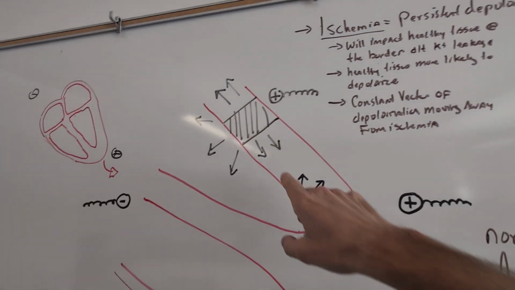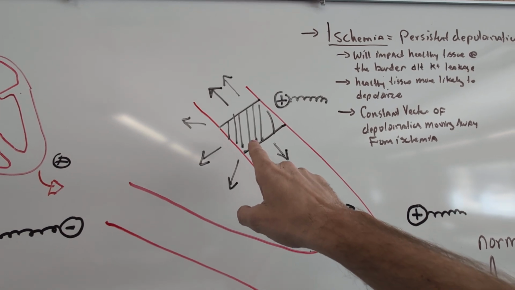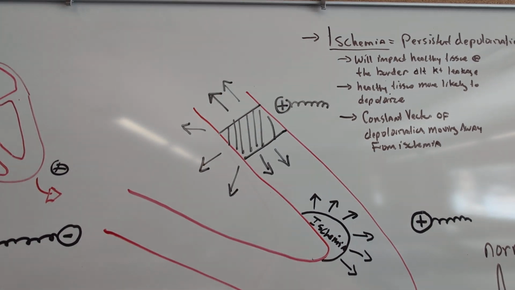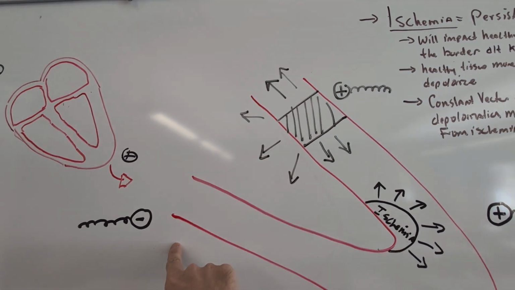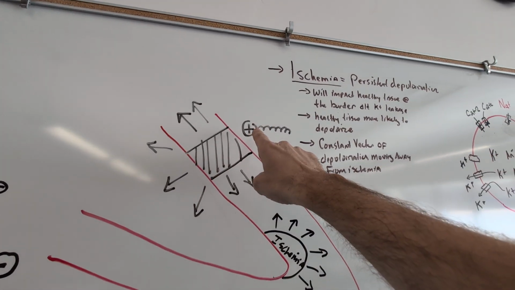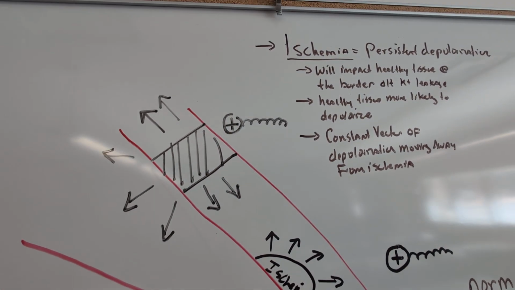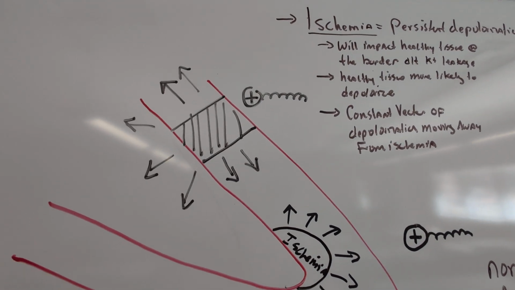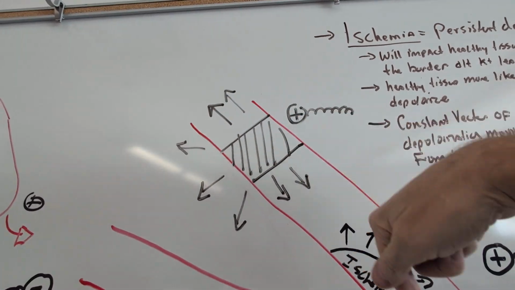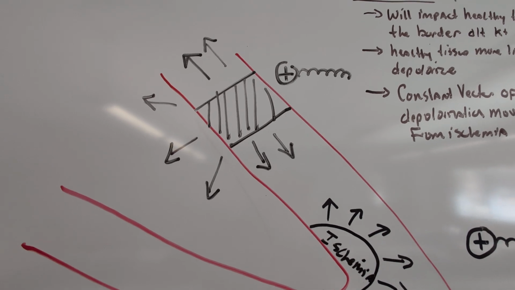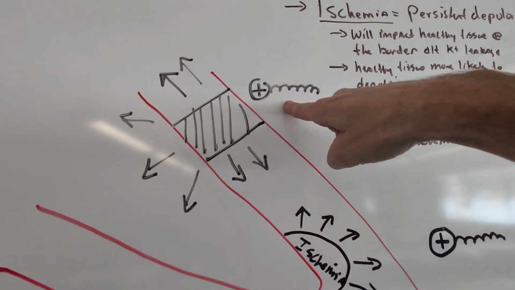All right, we said in the setting of transmural full thickness ischemia, that constant flow, because you have your positive electrode, say, here, and your negative electrode here, and a lead looks from negative to positive, because the entire thickness of the muscle wall is involved, that flow is either moving away from or perpendicular to the positive electrode.